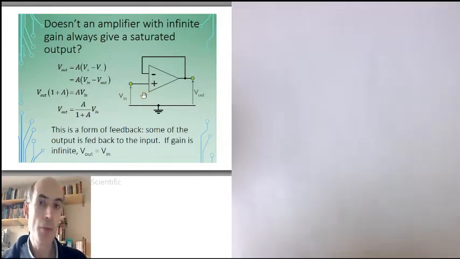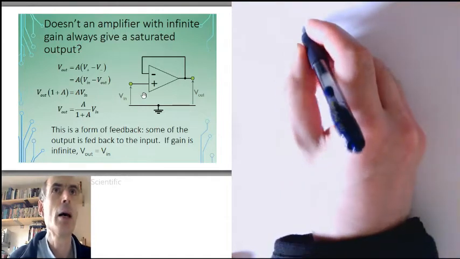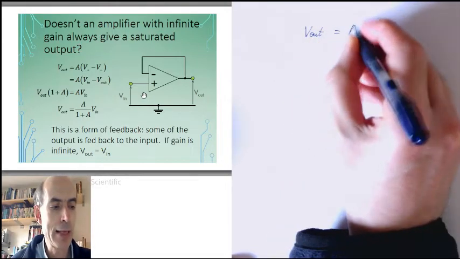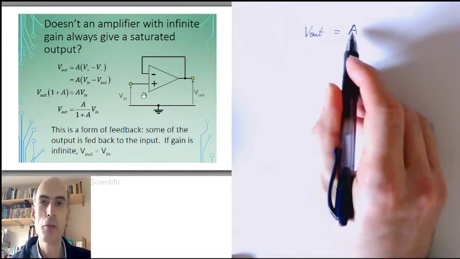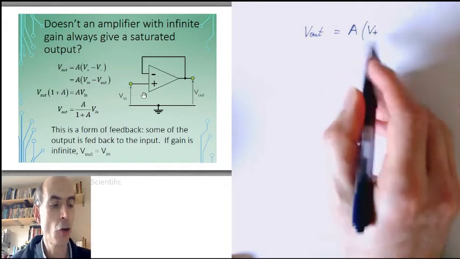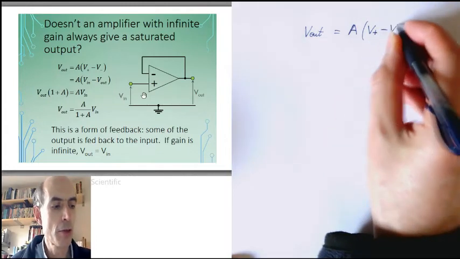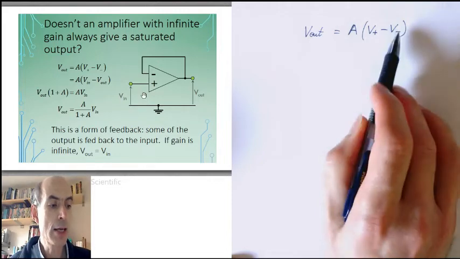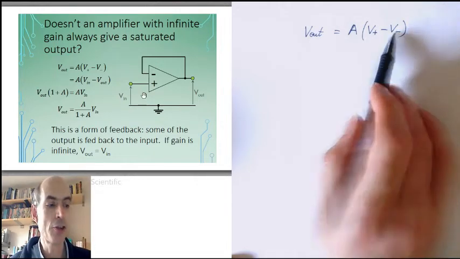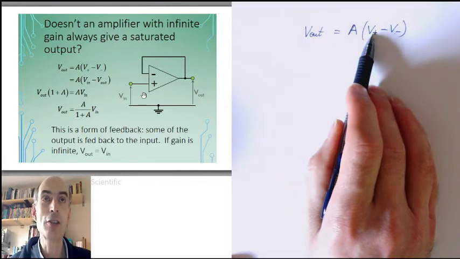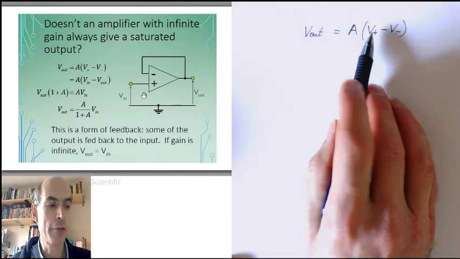Then if I go through the maths of what happens, I'll find that Vout equals the open loop gain A, which we're assuming to be very large, times the non-inverting input minus the inverting input of this amplifier. The inverting input, however, is connected directly to Vout, and the non-inverting input is connected to the input of my amplifier Vin.